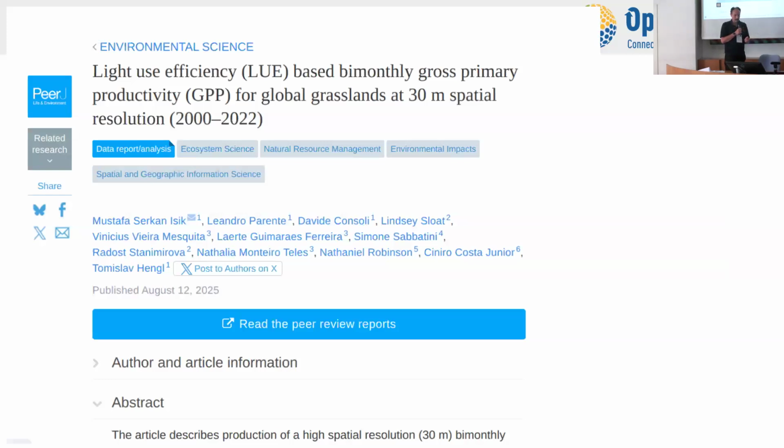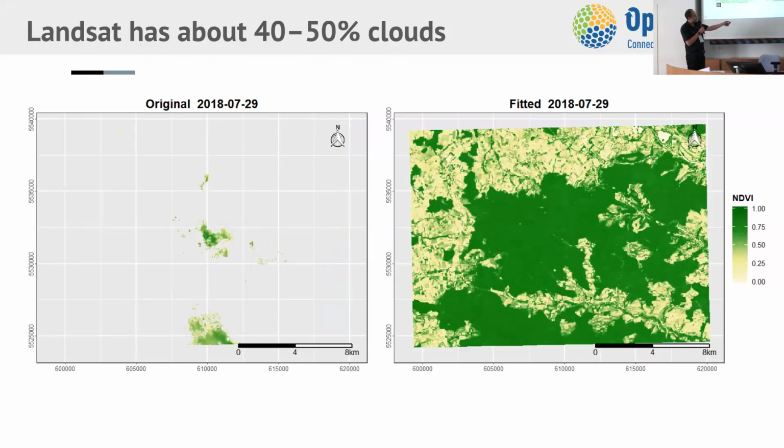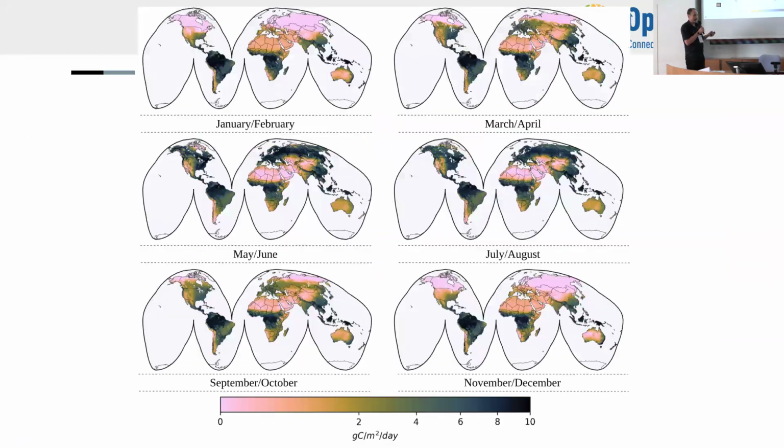That's what's been done by our colleagues Davide Consoli and Leandro. They first processed Landsat to gap fill it, then we produced the GPP and a number of other indices, and now we have hundreds of terabytes of data, which is really more like this, and that then also allows us to do soil mapping. Once we have this complete, consistent biophysical indices, we can do a space-time overlay, and we can see whether that correlates with the soil properties.